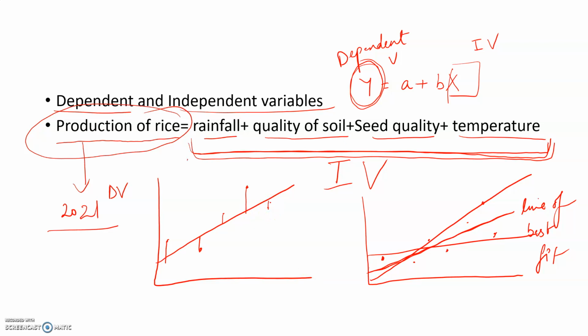If I take a sum of squares of these deviations, that should be the minimum. If it is minimum from this line, then this one is the line of best fit. Whichever line gives us the minimum sum of squared deviations is called my regression line or line of best fit.